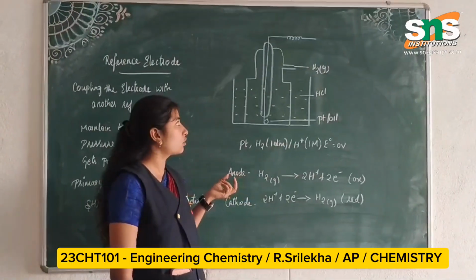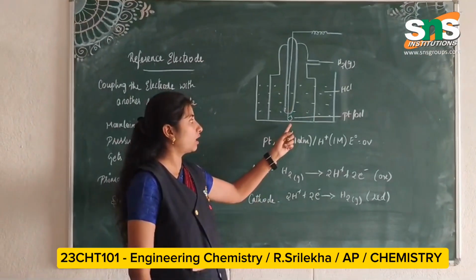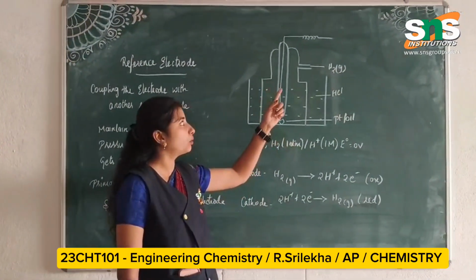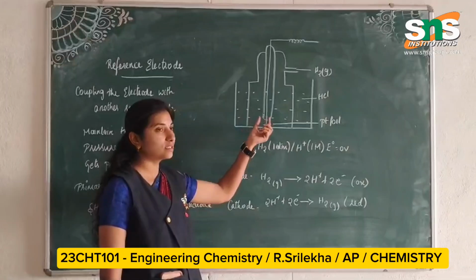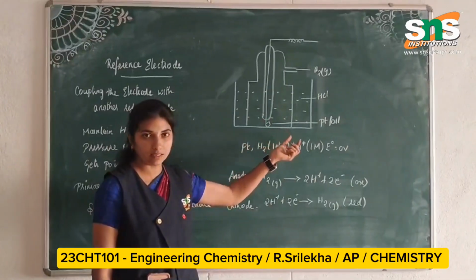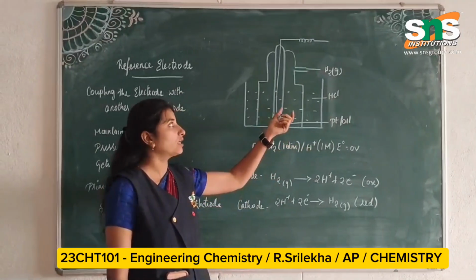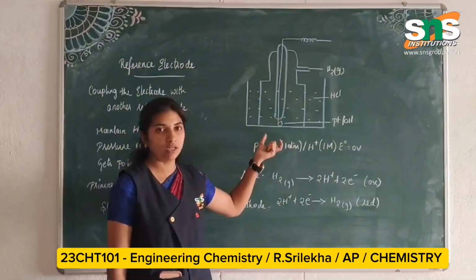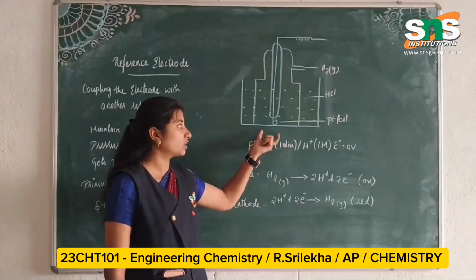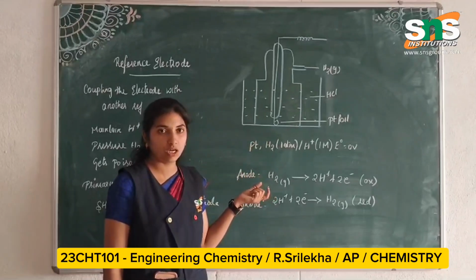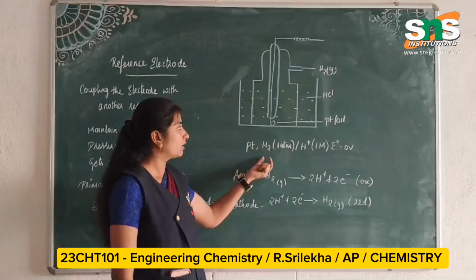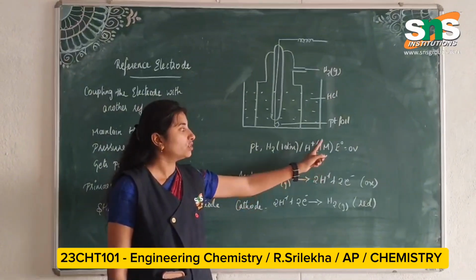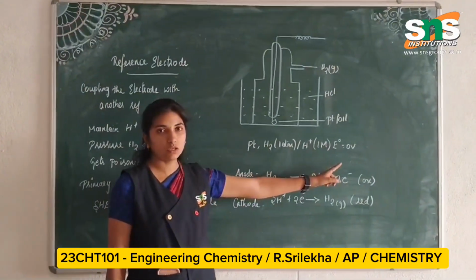It consists of the hydrogen electrode with platinum foil, and the solution is 1 M HCl, with H2 gas passing around the side of the tube. The cell representation has Pt, H2 at 1 atmosphere and 1 M H plus ion, which gives an EMF of 0 volts.